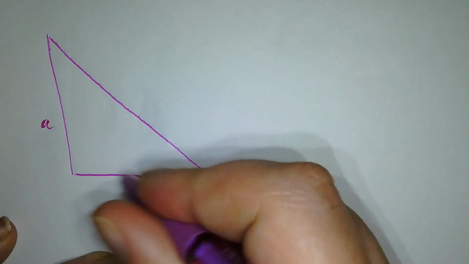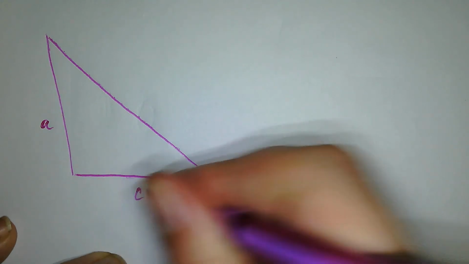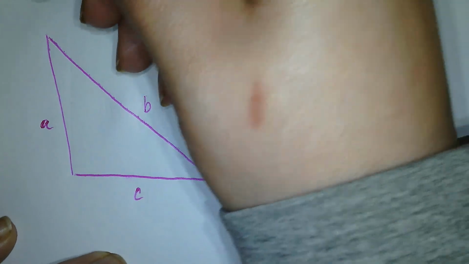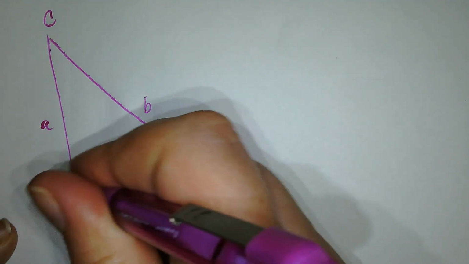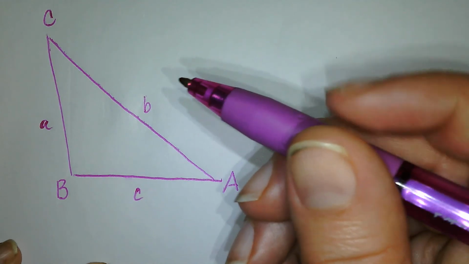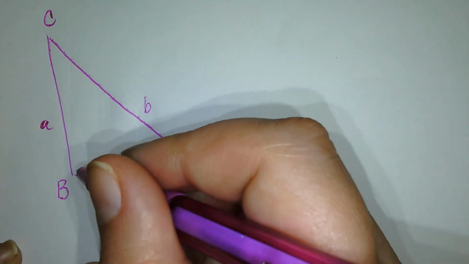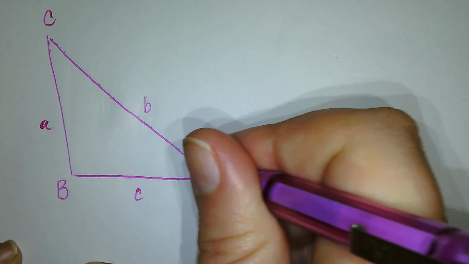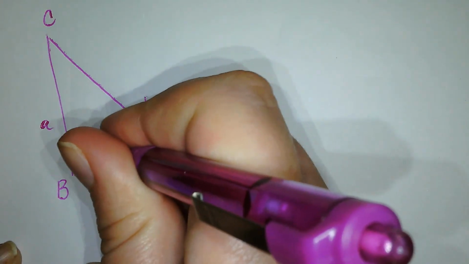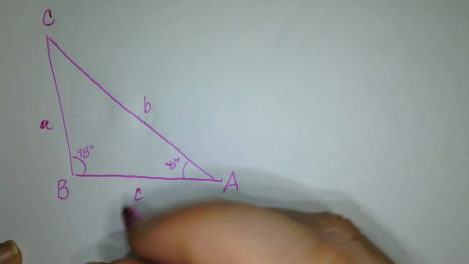This is A, this is C, this is B, which makes this A, C, B. The values we're given are 43 degrees, 98 degrees, and this is 22 feet.